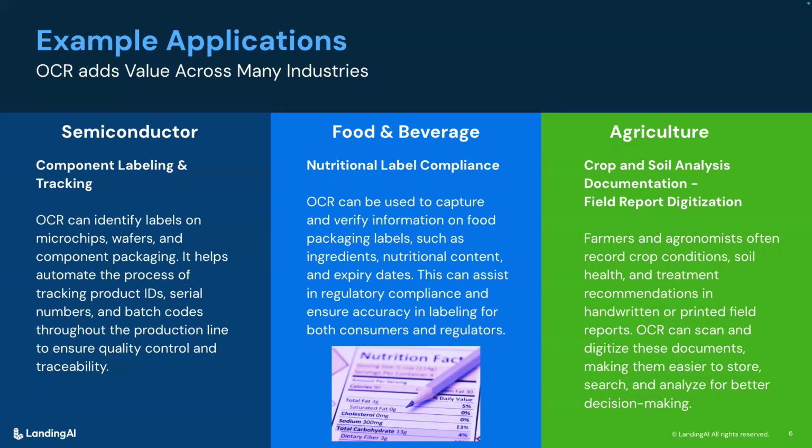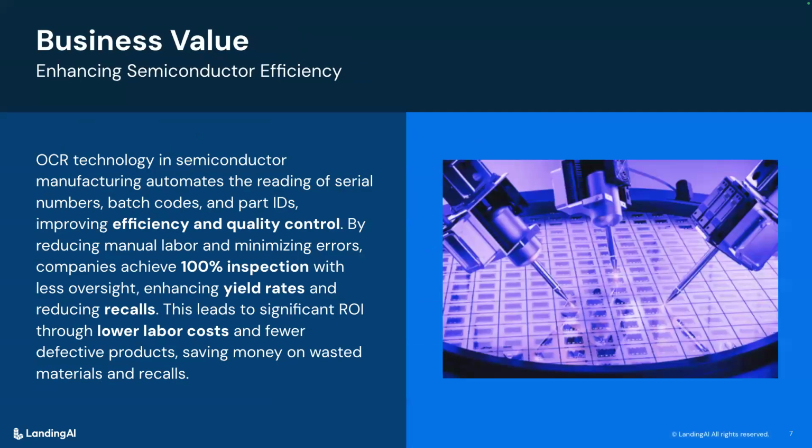What we're actually, from a business value perspective, just to underscore a little bit, when we think about the semiconductor use case, all those batch codes, part IDs, the goal there is really improving efficiency and ensuring quality control. There's multiple accessible reports that show how this allows these companies to receive 100% inspection, and also improves both their yield rate and reduces overall recalls.